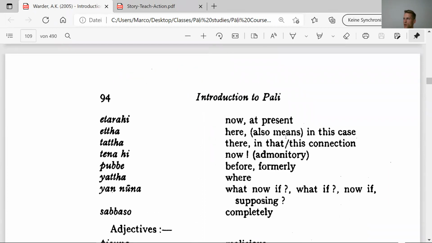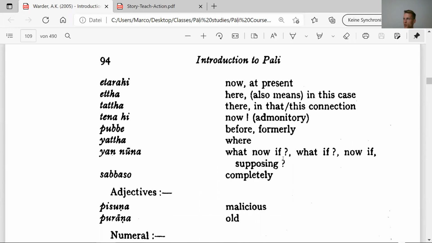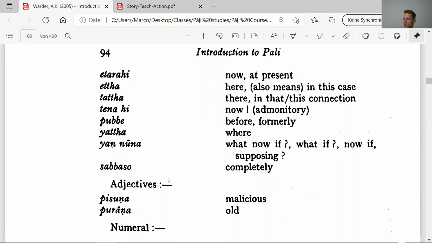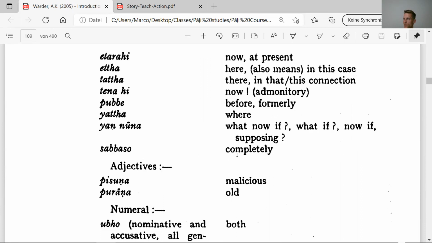Ittha, here, it also means in this case. Tattha, there, in this connection. By the way, this goes together oftentimes with yattha, where. So yattha, tattha, where, there. Tenahi, now. Pubbe, before, formerly. Yannunaha, what now, if, what if, now if, supposing. Sabbaso, completely.